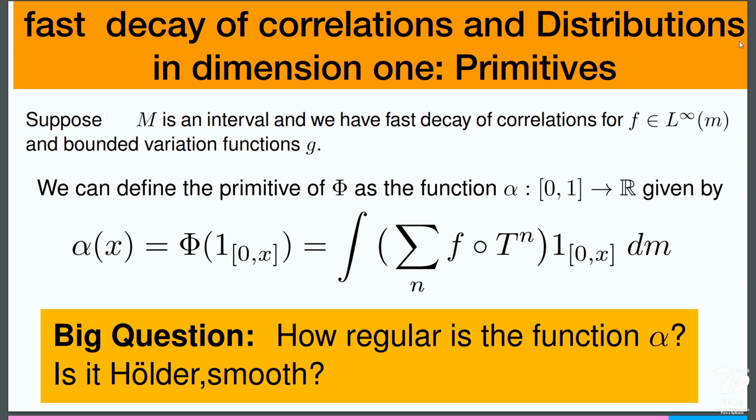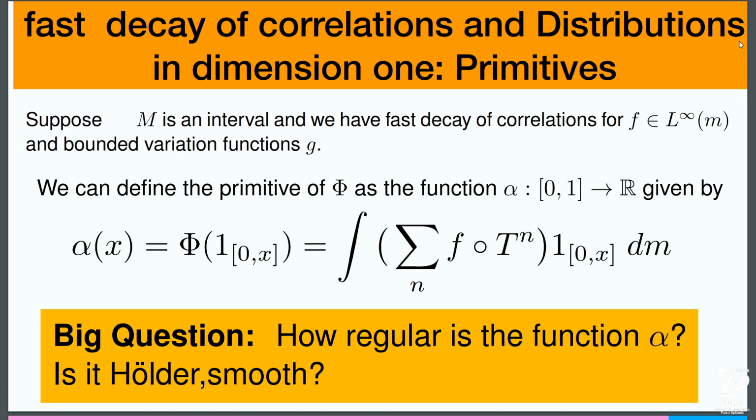Instead of looking at the distribution, you just integrate the distribution over the interval 0, 1. When you do that, you get a function. For every x, you associate this integral of the distribution over the interval 0, 1. So instead of asking about the regularity of the distribution phi, you can ask about the regularity of the function alpha. There is a connection between them.